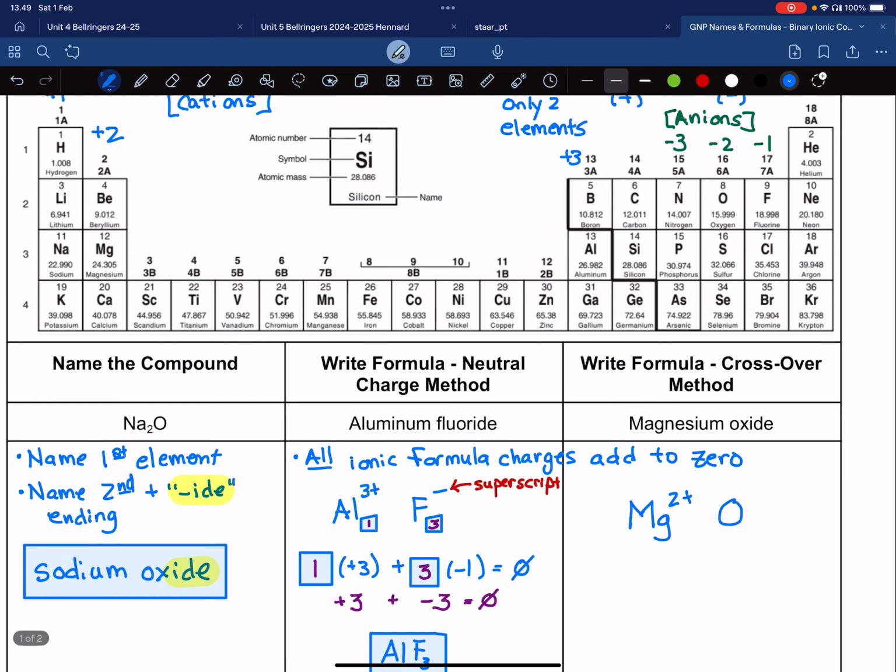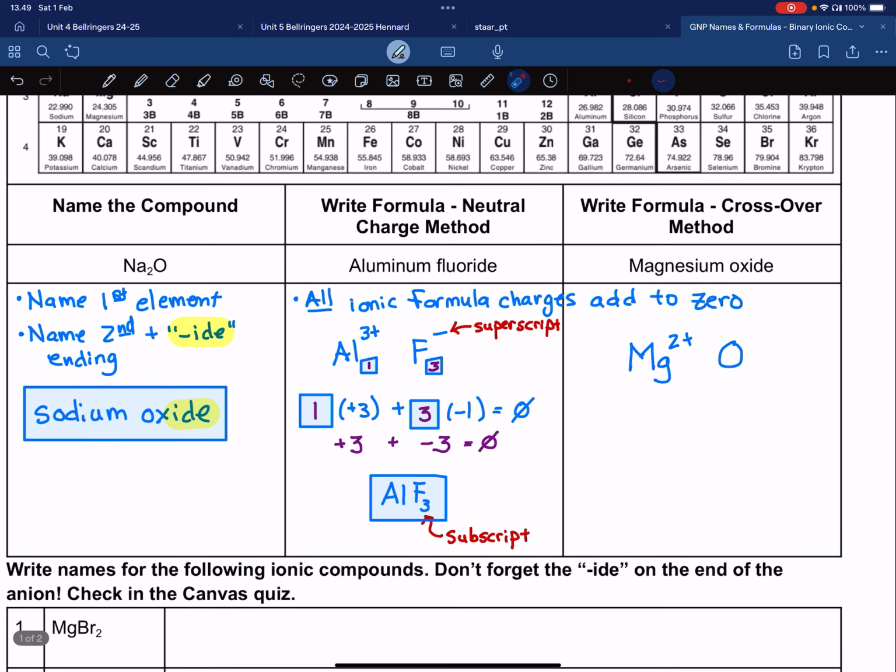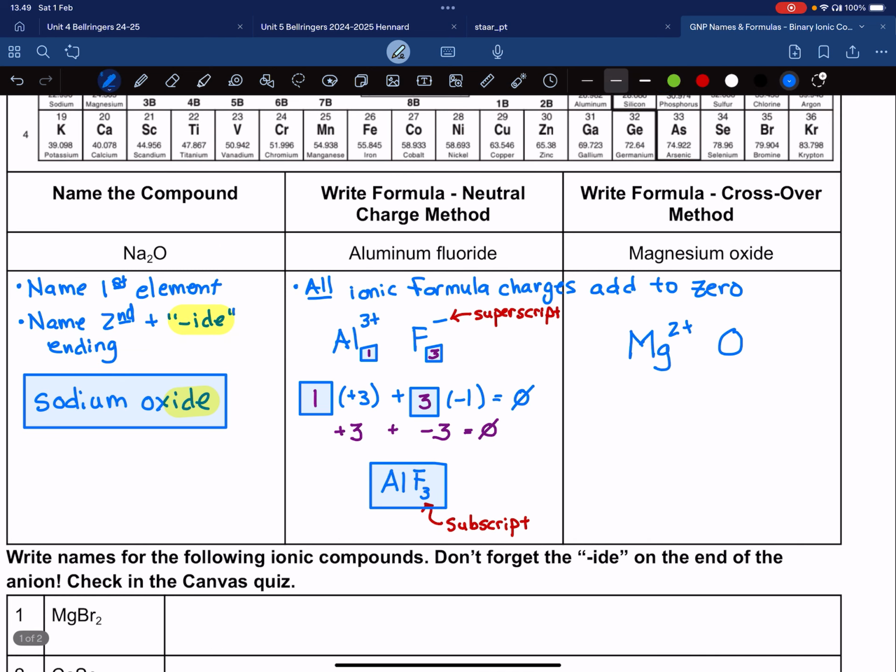Oxygen, oxide, is in group 6, therefore it's a negative 2. Now, you can take that number and put it here, and take this number and put it there, and end up with something that will cross out.